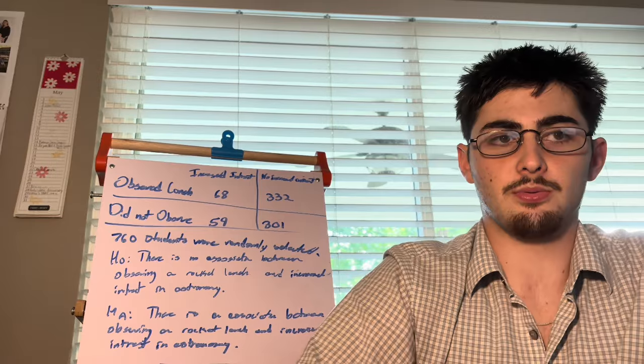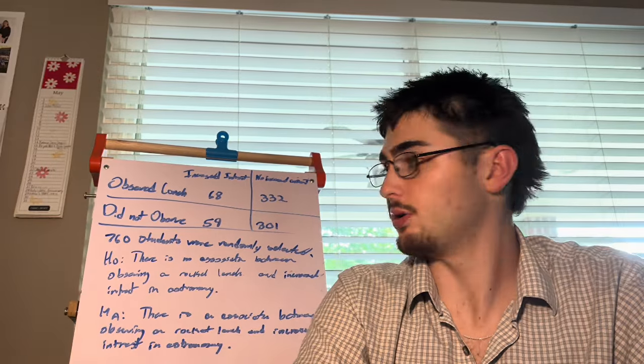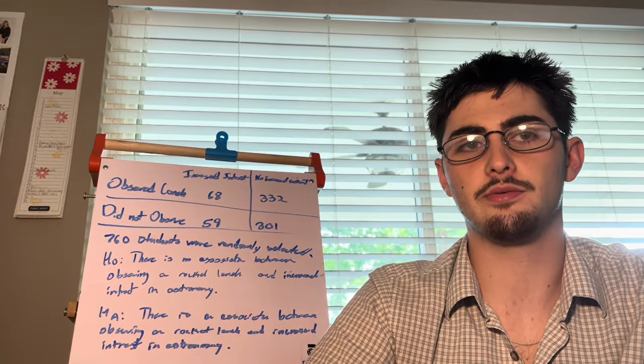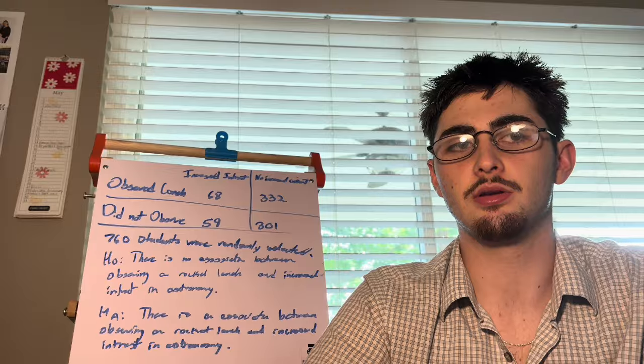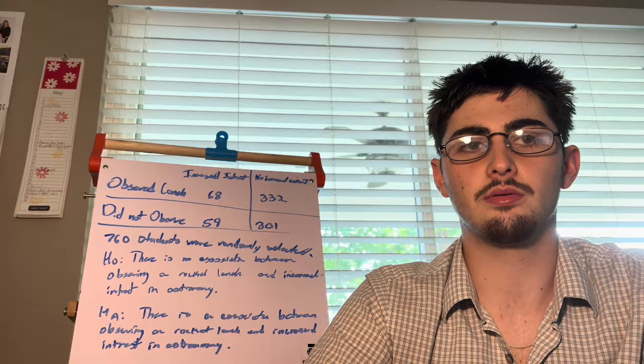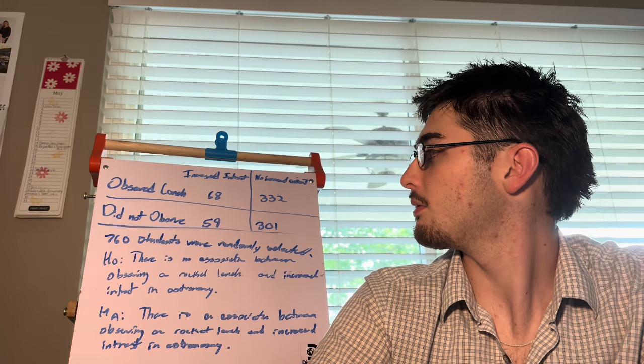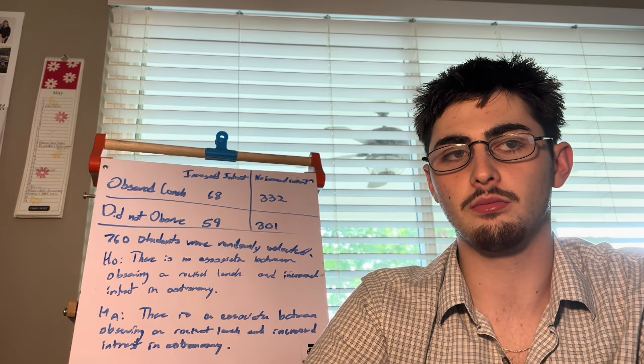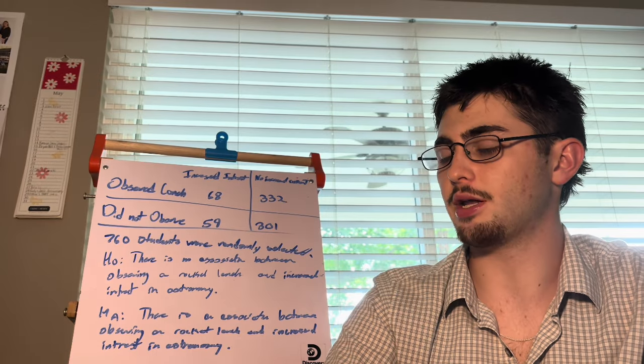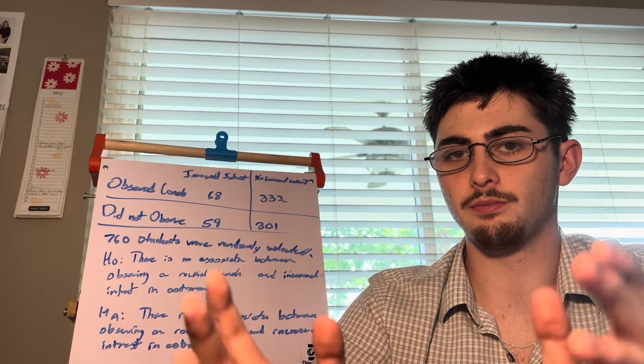So for example, if a rocket launch truly has no effect on the percentage of students interested in astronomy, it should be similar whether they observe the launch or not. So if the rocket launch had no effect, the numbers should be similar.